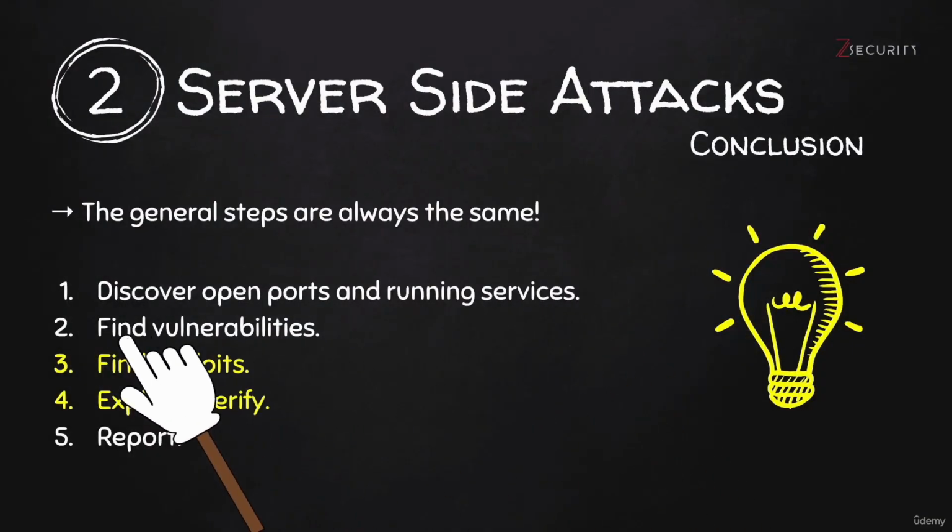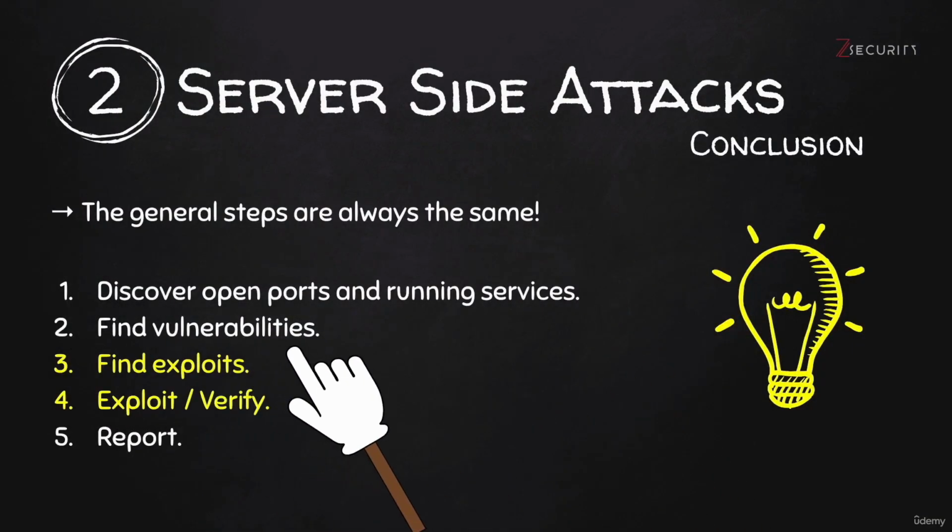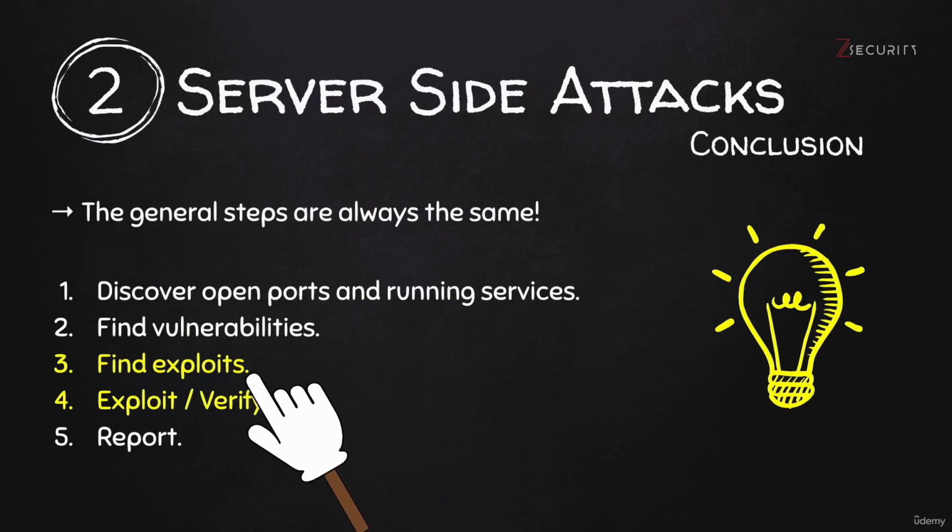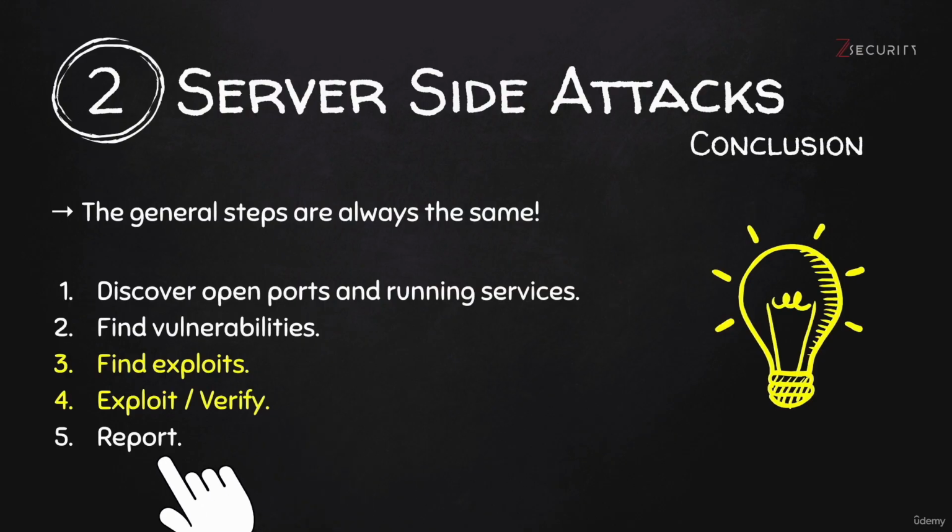And we're going to do that using Google and using websites such as ExploitDB and so on. We're going to look for vulnerabilities in these services. If we do find vulnerabilities, we're going to see if they are exploitable, because sometimes the exploitation might not be public. And if it is, we're going to try to exploit it or verify this vulnerability. And once done, we're going to write a note of it in our report, and we will talk about pen test reports at the end of the course.